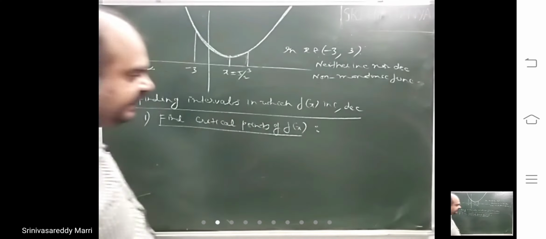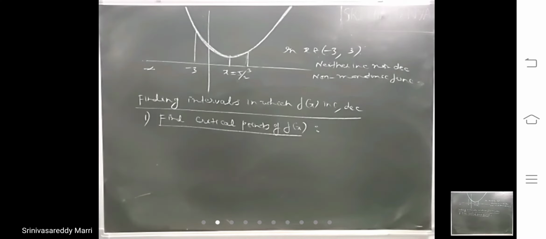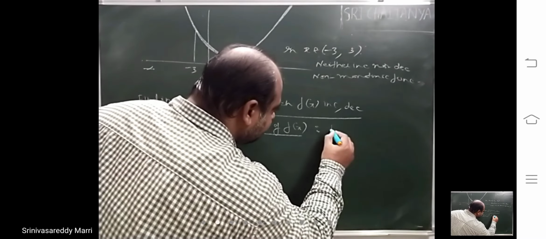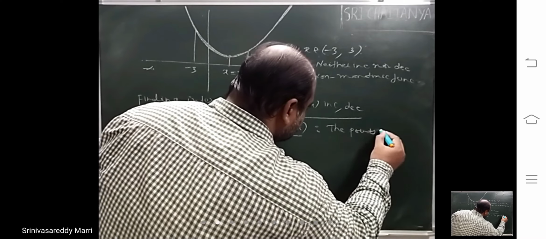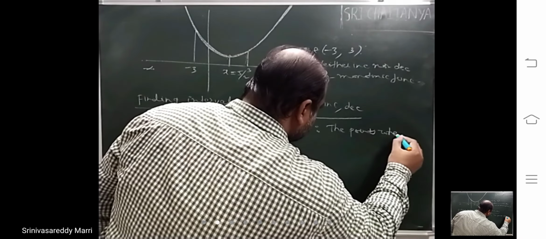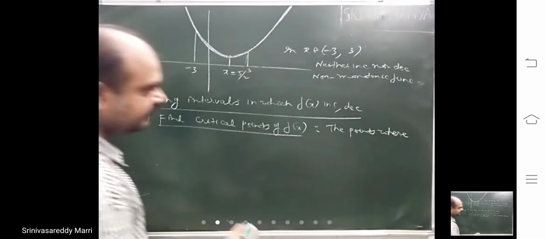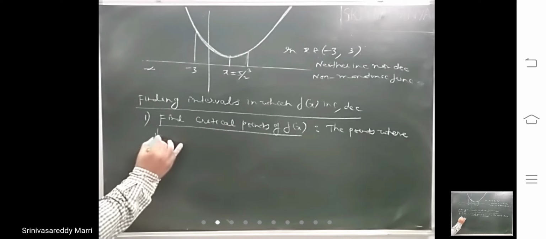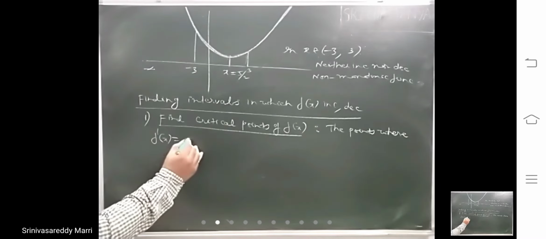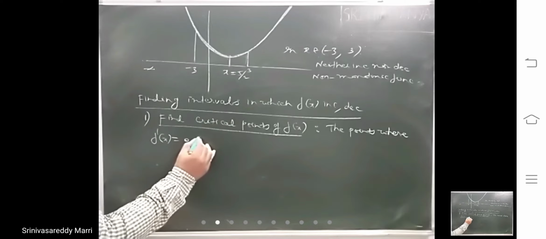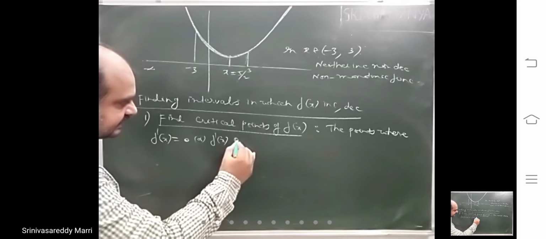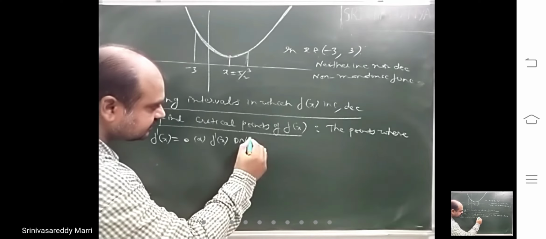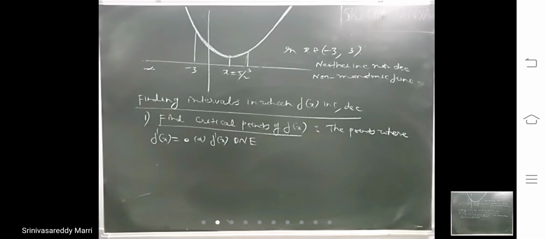Critical points means the points where f dash x equal to 0 or f dash x does not exist.